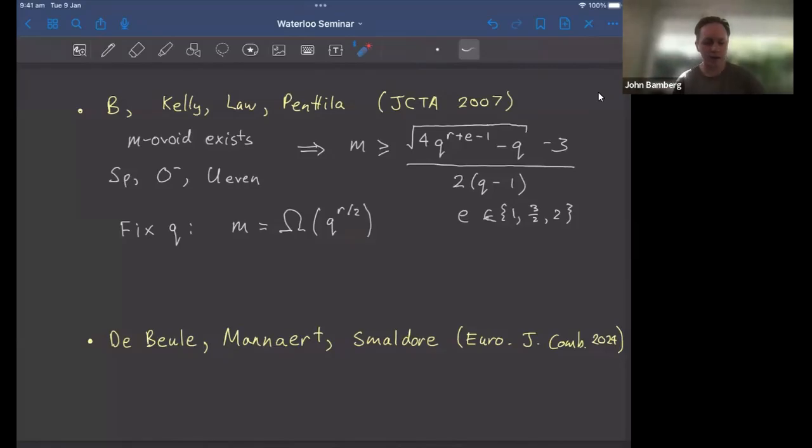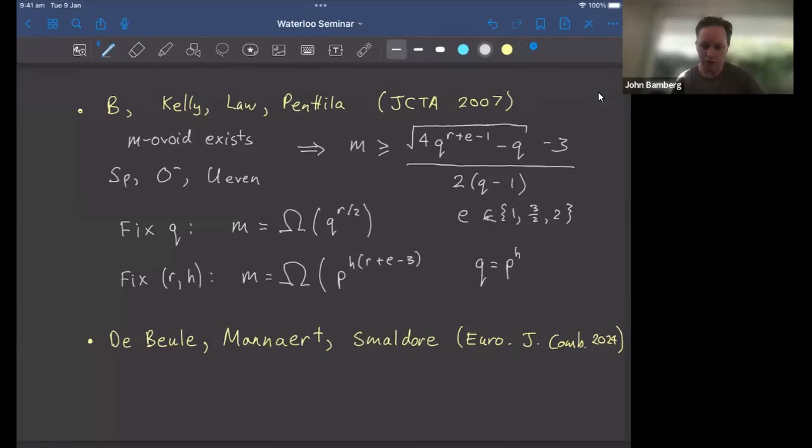And if we instead fix, so let's say Q is a prime power, P to the H. If I instead fix the rank and this little exponent, then it changes what we're interested in. You end up getting big omega of P to the H times (R plus E minus 1, sorry, 3 over 2).